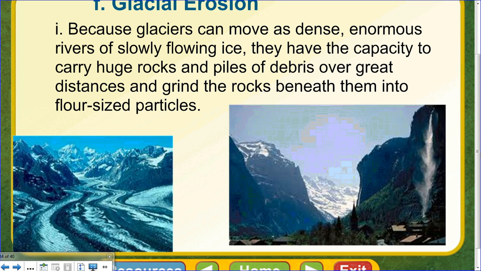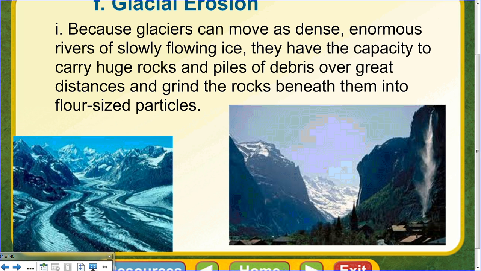It's really dirty. It's not that pretty white snowfield that you see on the top. It's this big jumble of stuff on the bottom, and it can carry some really big boulders, and as it moves downhill, it's going to scrape and grind and flatten out, or it's going to cause these valleys as the glacier moves downhill.